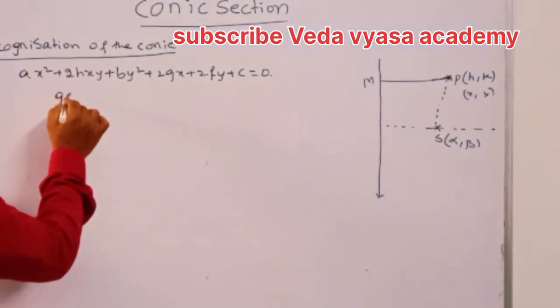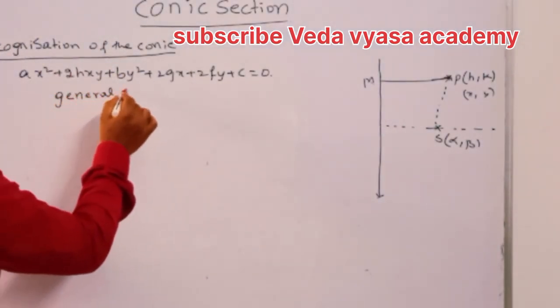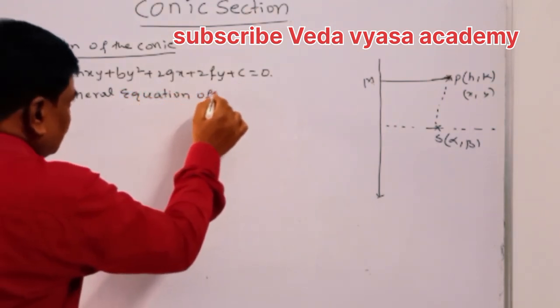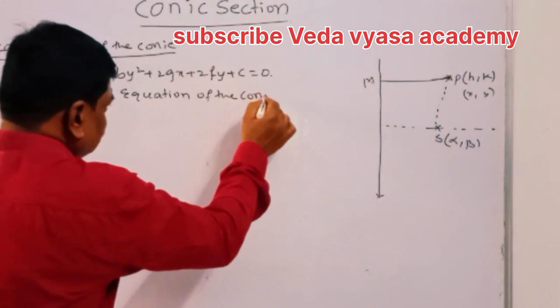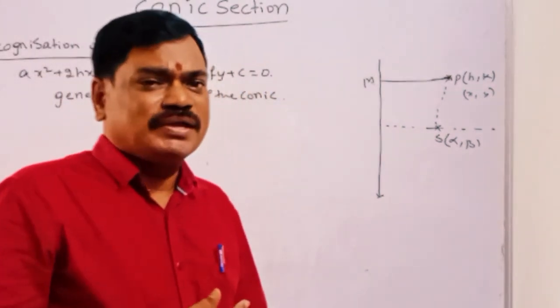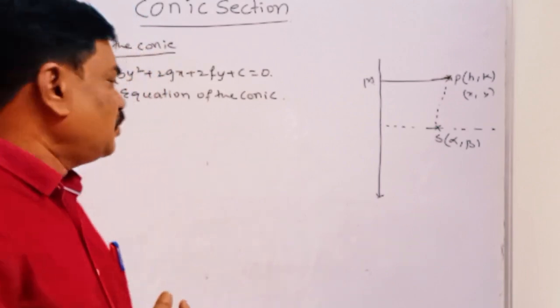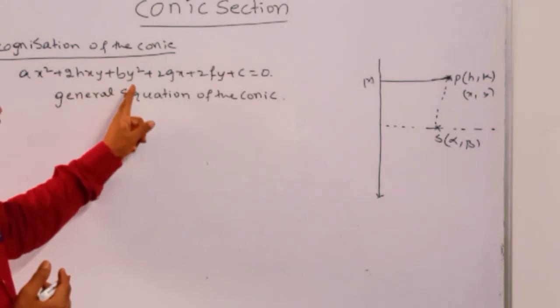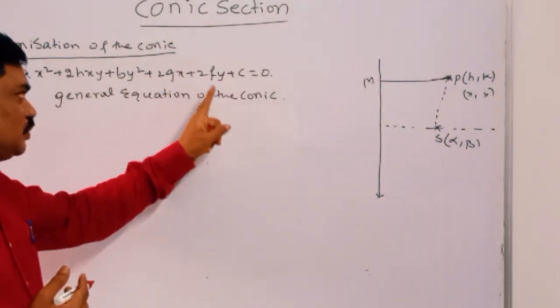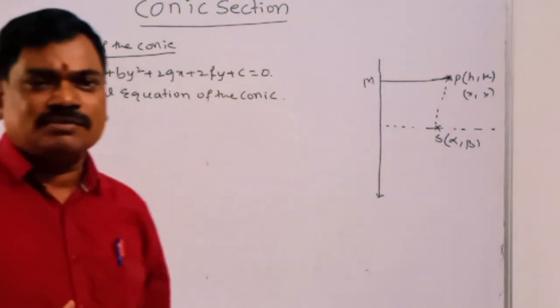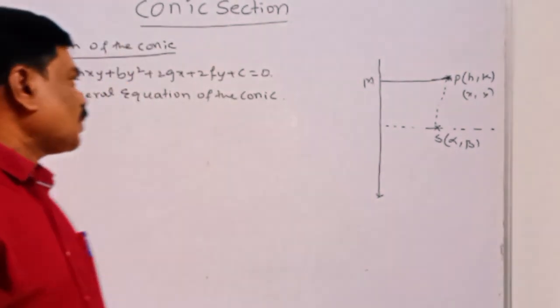It is very important. You note this one. Ax square plus 2hxy plus by square plus 2gx plus 2fy plus c is equal to 0 is the general equation of the conic section.